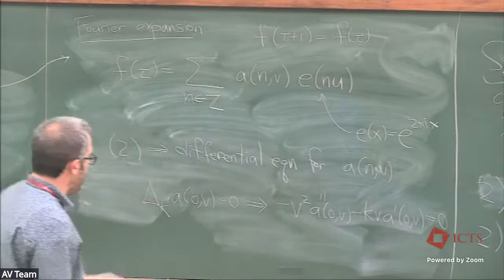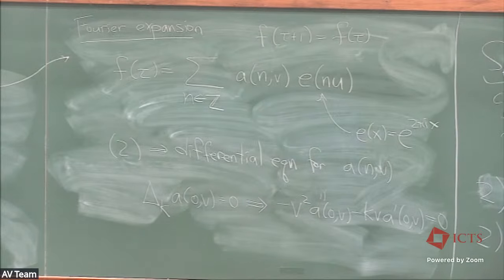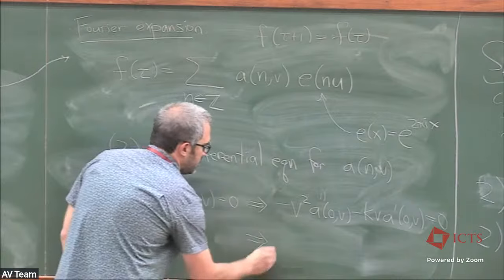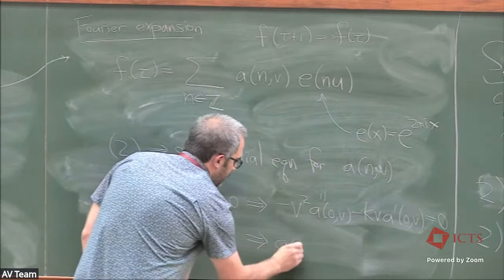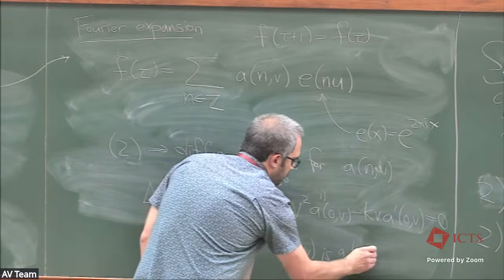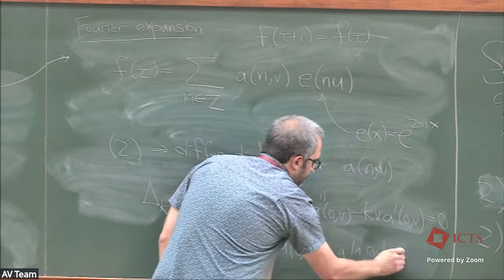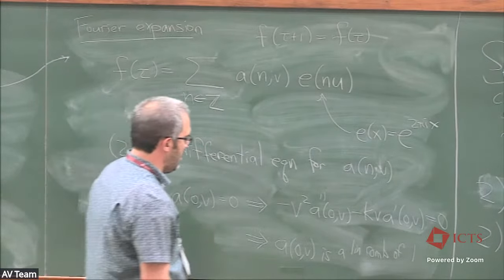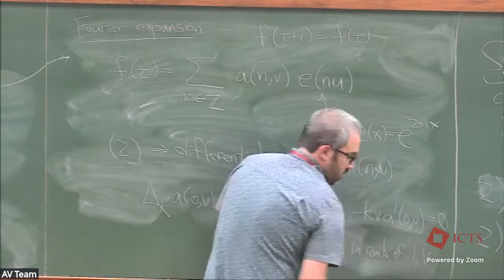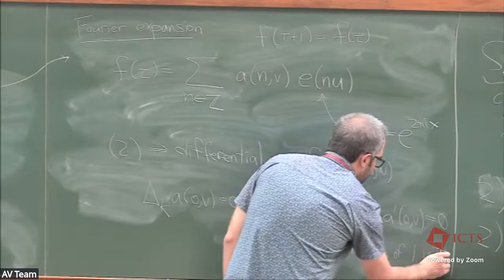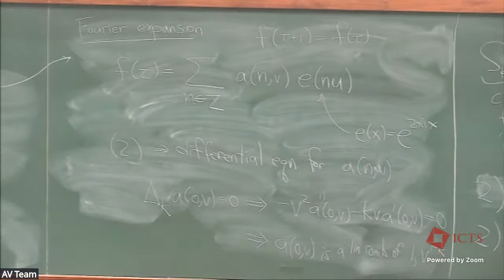It's not too hard to find two linearly independent solutions to this. So we can see pretty quickly that a_0(v) is a linear combination of 1, which is easy to see, and also v^(1-k). It's not hard to check that those are both solutions to this differential equation.